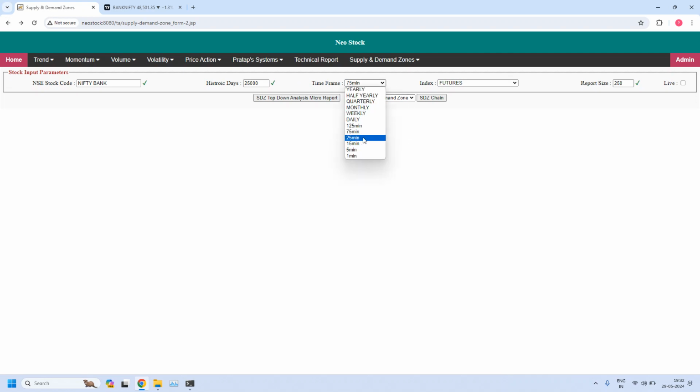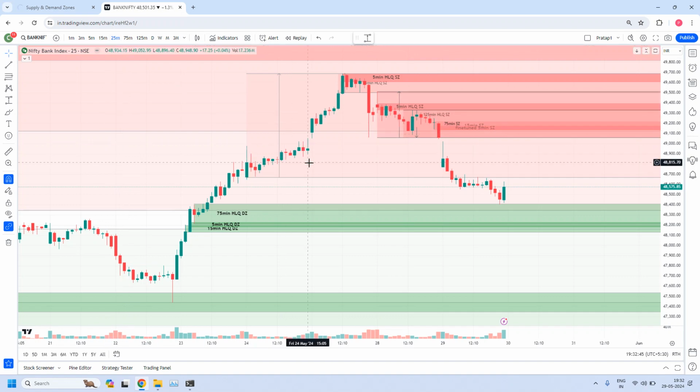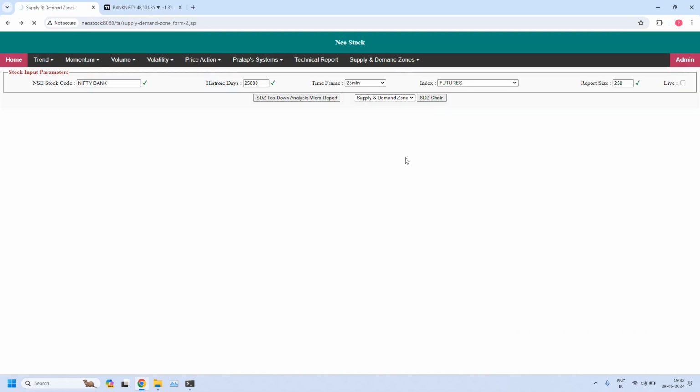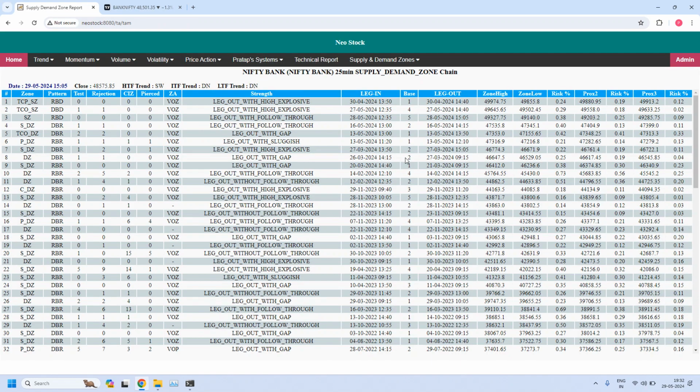Okay, now let's move on to the 25 minutes time frame. Here we already changed. So in 75 minutes also, bearish trade setups are enabled. That means for your DIT trades you can use bearish trade setups.